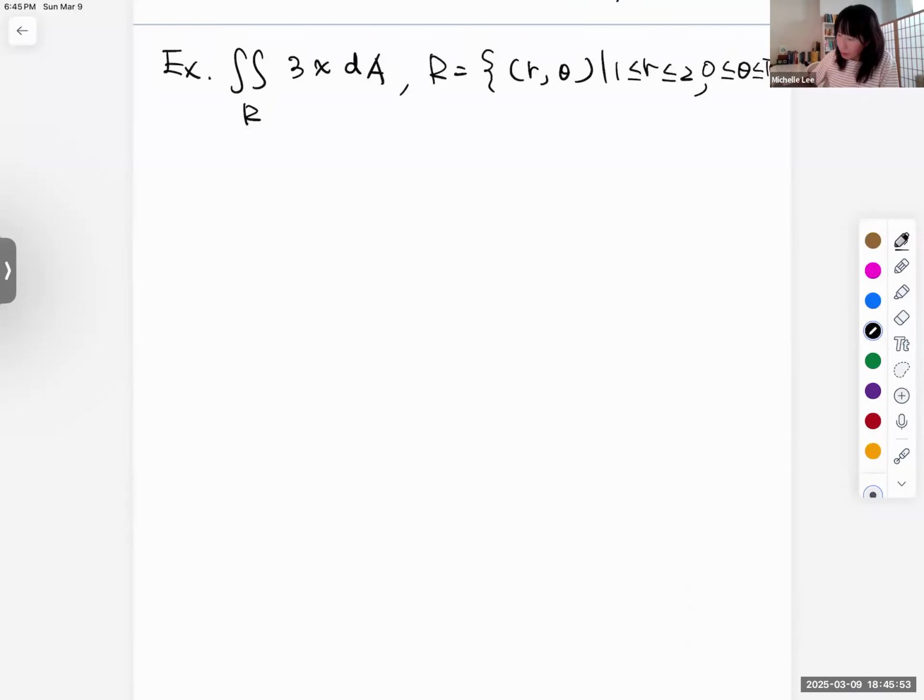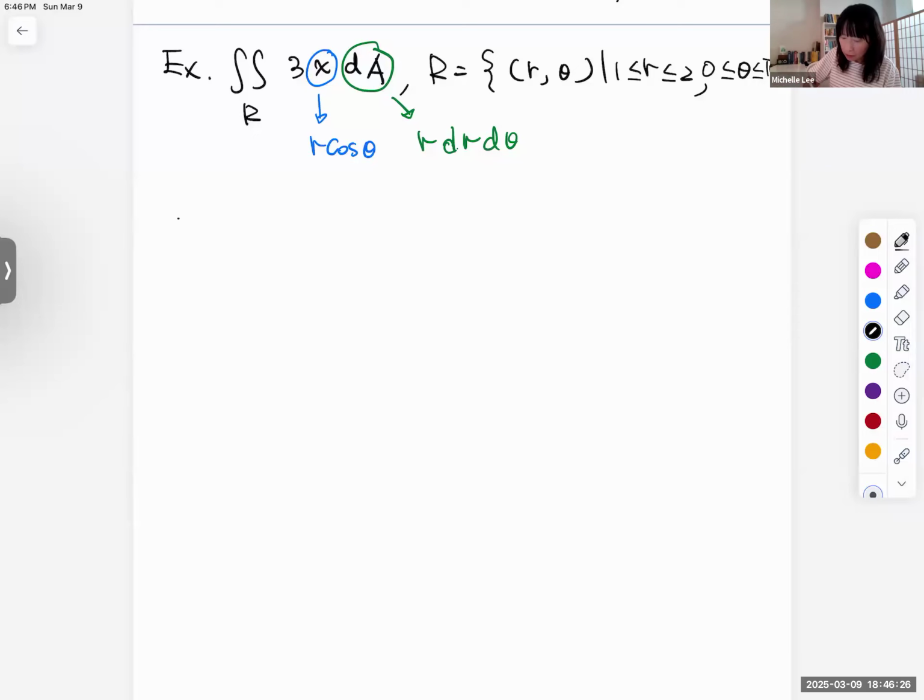All right. Okay, so x, we know x, we have to change it to x equals r cosine theta, right? And yeah, we change it to r dr d theta, right? Yeah. So let's do that. Do you want to do r first?